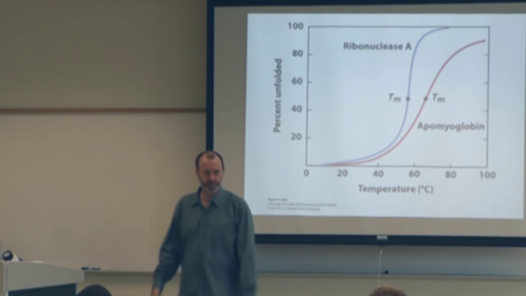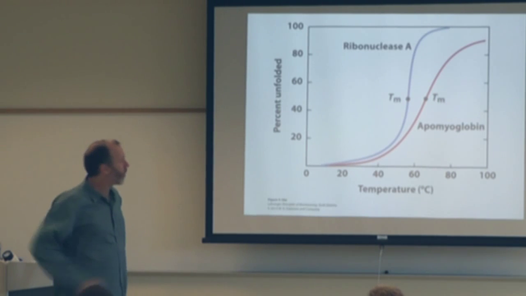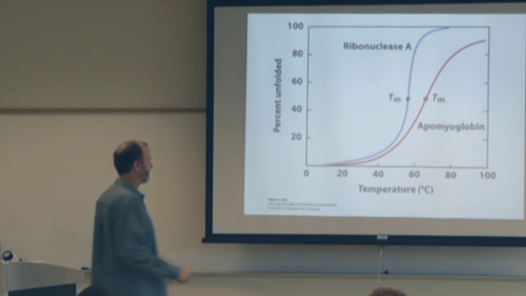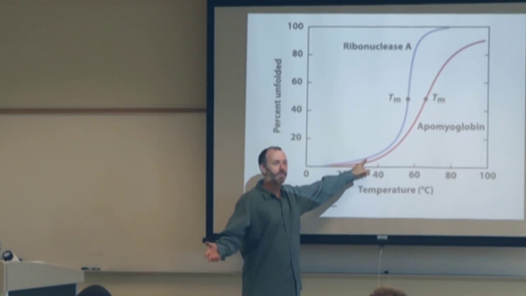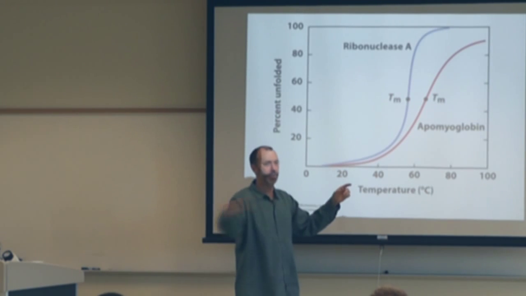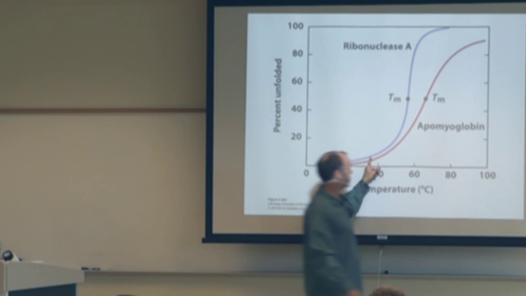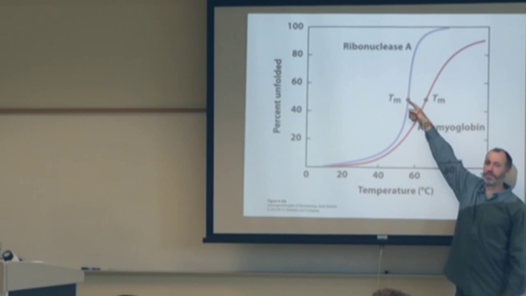A portion of it, at physiological temperature, is always going to be unfolded. There's an equilibrium, it goes from a folded state to an unfolded state, back and forth. As you increase the temperature, more of that protein unfolds, and the melting temperature is when 50% of that protein in solution is unfolded.